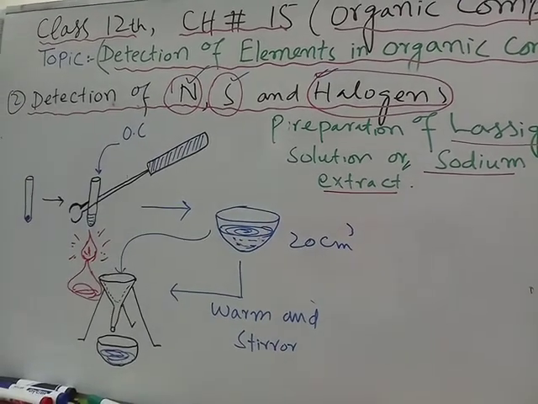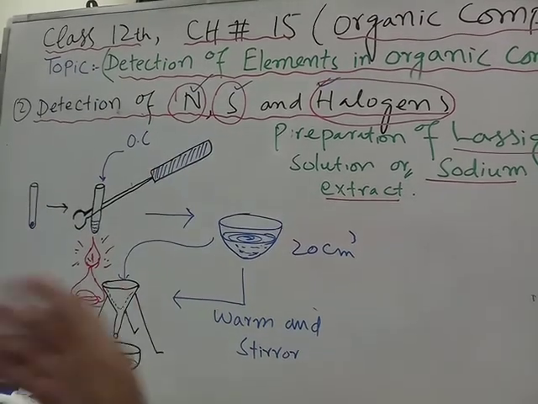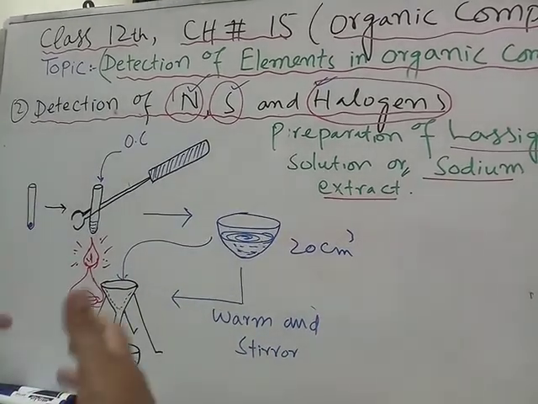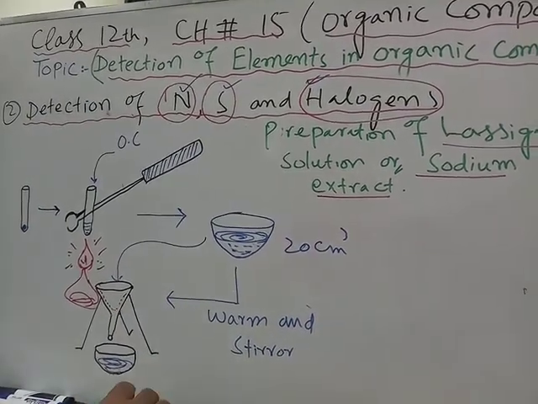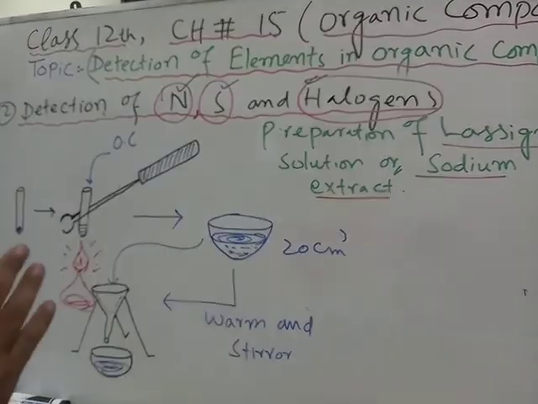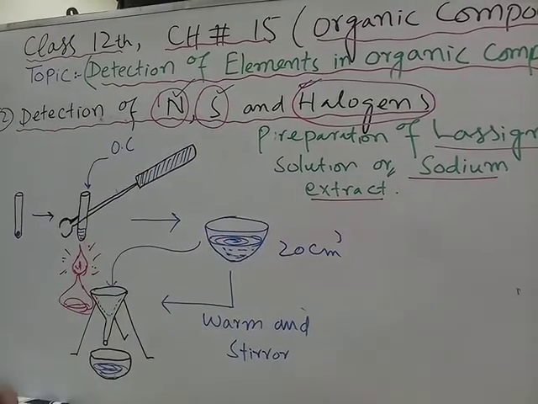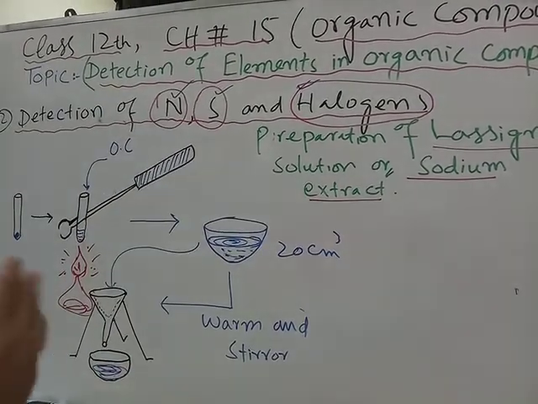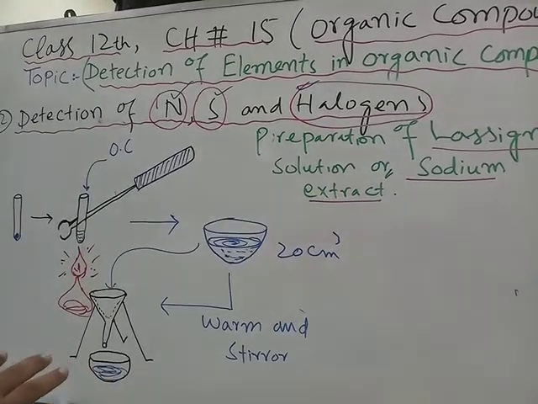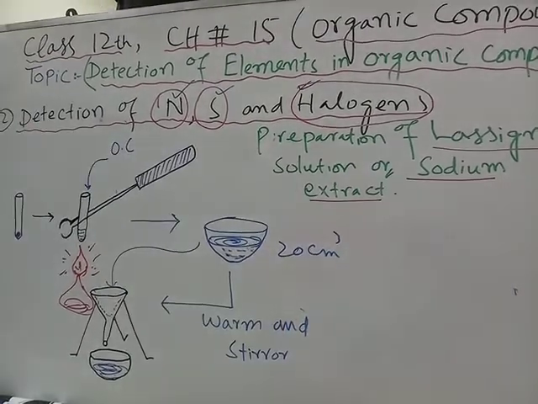So it's impossible to carry out their tests in aqueous medium, I mean in water. So we have to convert the covalent bond system of organic compounds into an ionic bond system, converting the covalent bonds, which are water insoluble, into ionic bonds, which are water soluble.